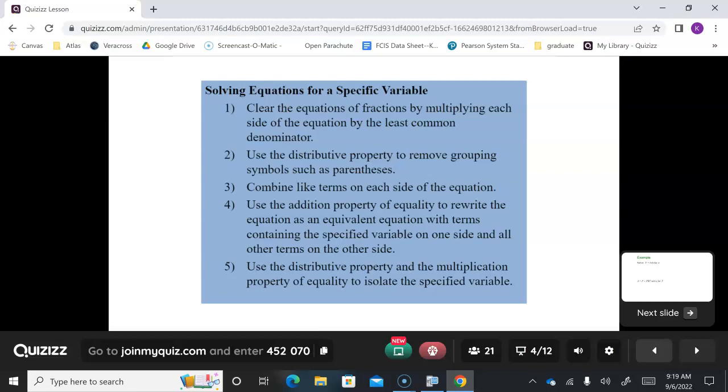And what that means is in some ways it'll be easier because I don't have to perform any calculations. But it is very important when we are doing literal equations that you take extra care to write neatly and to keep track of your work, because it's very easy to lose track of what you're doing because nothing's getting simplified in a way. We're just moving things around. But these are all the same steps that we did last week when we solved our linear equations.